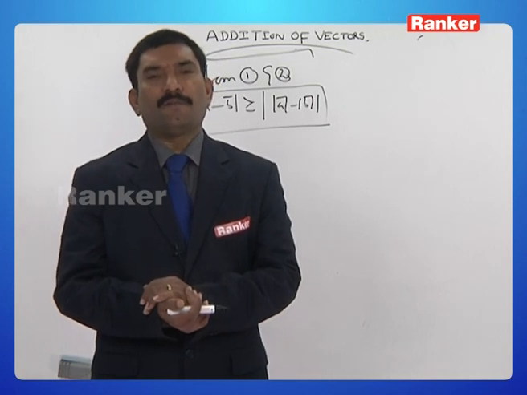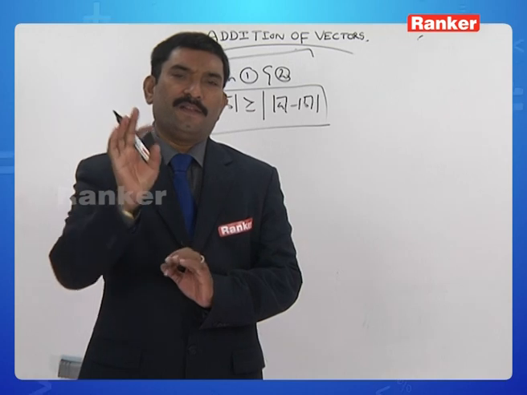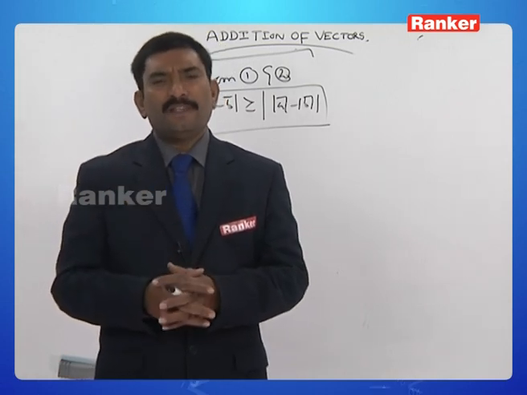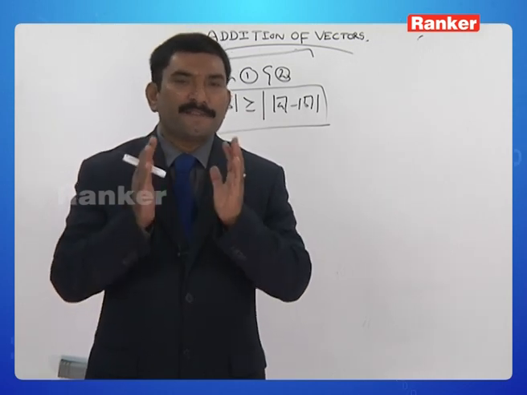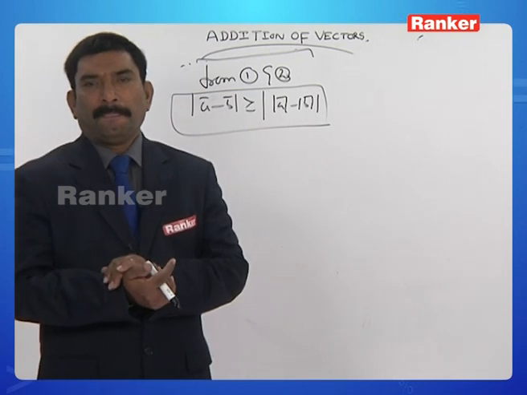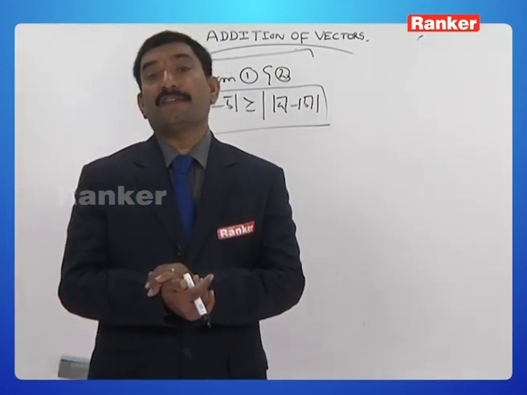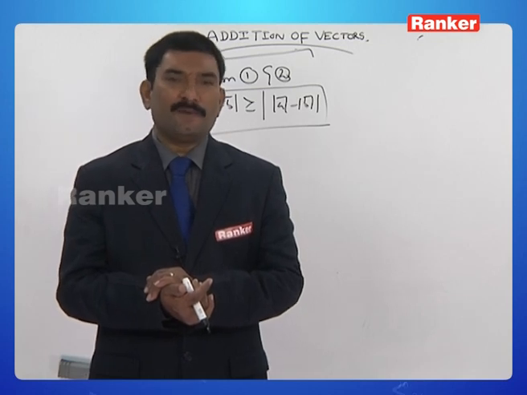Means you are multiplying a vector with a non-zero scalar. Remember, the definition itself explains the scalar multiplication of a vector is a vector. It is not a scalar quantity, it is a vector quantity.